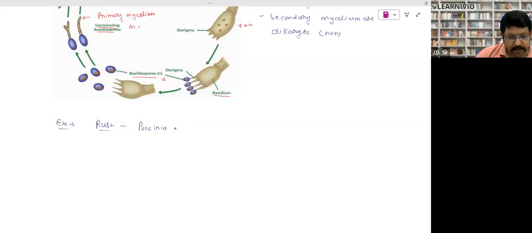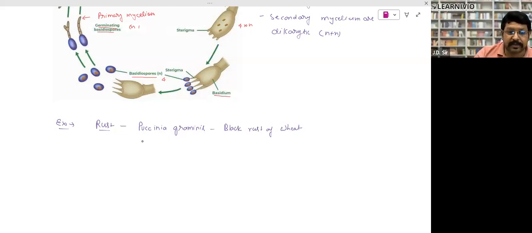It causes the disease black rust of wheat. What happened? All the wheat grain becomes a dark black carbon-like structure.